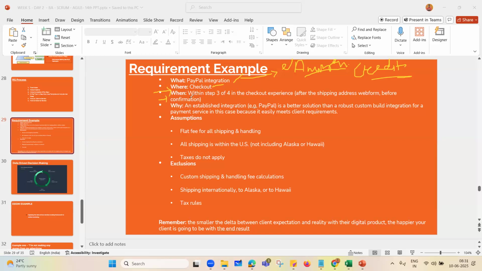Here it specifies step number 3 of 4. How many total steps are there? Four. So in step number 3 of 4 in the checkout experience, we are going to integrate this PayPal.